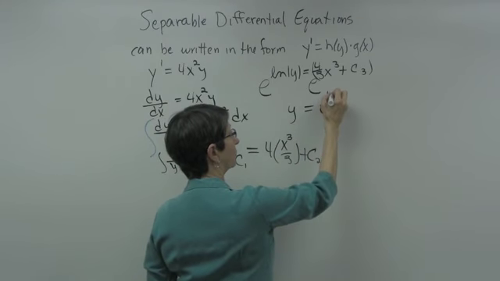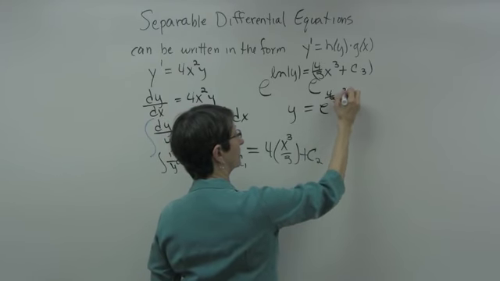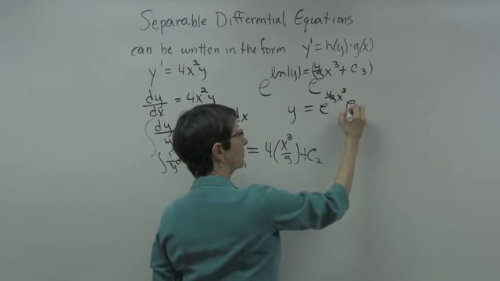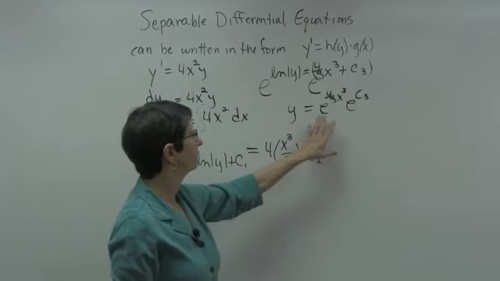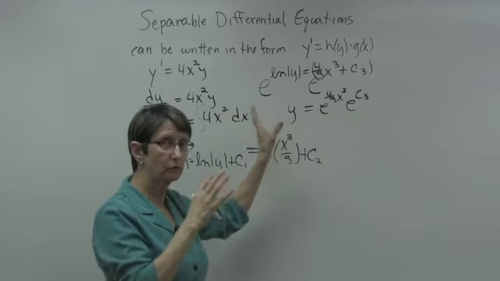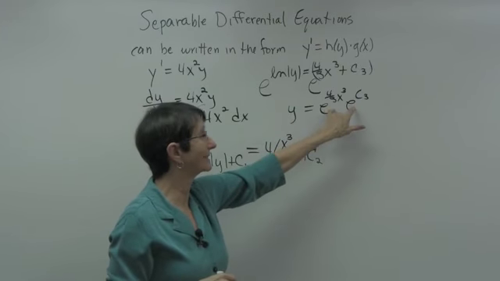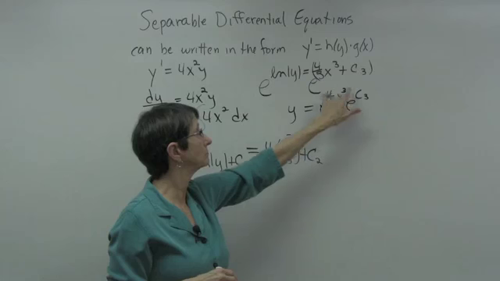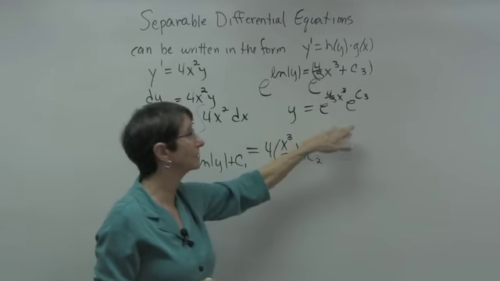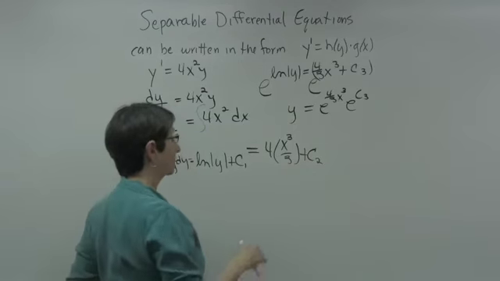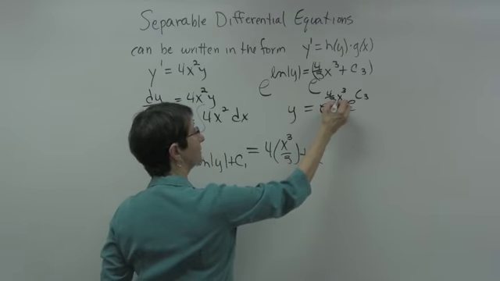Over here, I can rewrite this exponent: e to the 4/3 x cubed, and then I'm going to multiply by e to the c sub 3. If you think about the rules for exponents, if the base is the same, you can add the exponents. So if you have a sum in exponents, you can rewrite as two separate functions multiplied with the same base.